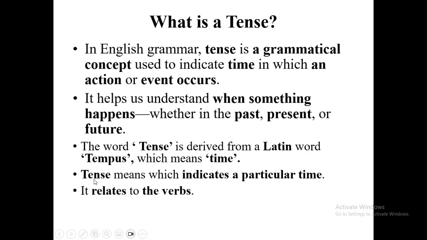Therefore, tense indicates or shows a particular exact time. So where do we find this particular time? Tense relates to the verbs. That particular time we find in the verbs of a sentence.